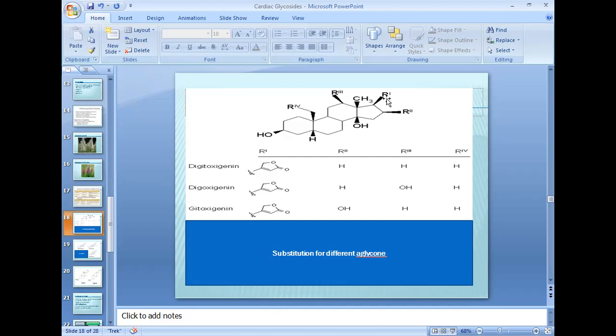And in the case of R4, which is also substituted by a hydrogen group in all such cases, digitoxigenin, digoxigenin, and gitoxigenin. Whereas R2 and R3 are different in the 3 cases. When we talk about R2, these are the same in both digitoxigenin and digoxigenin.